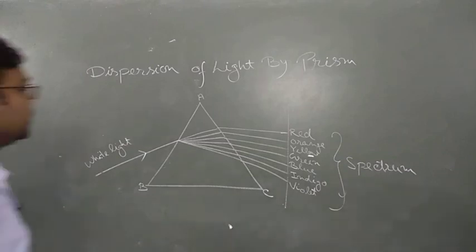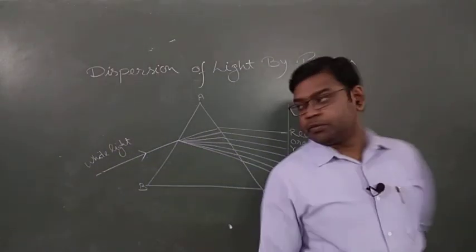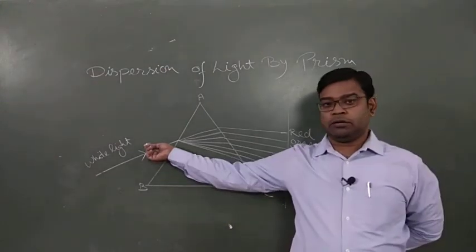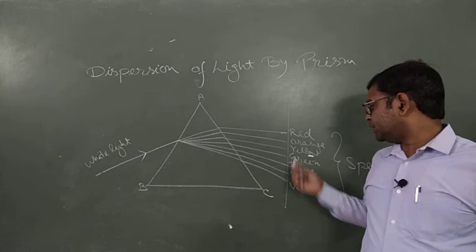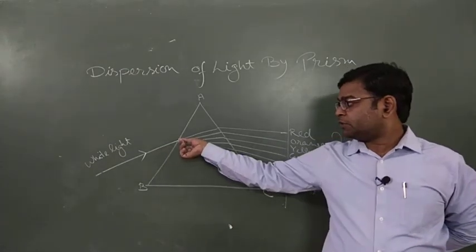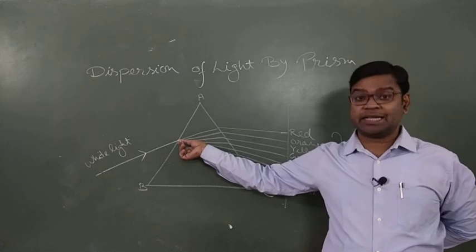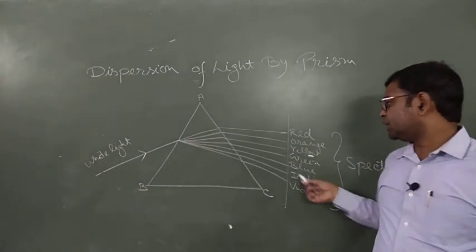Why does this thing occur, this thing happen in this case? Always remember that in air or in a rare medium, the speeds of these different colors are almost the same. But as soon as they suffer the first refraction, the speeds of different colors are different.